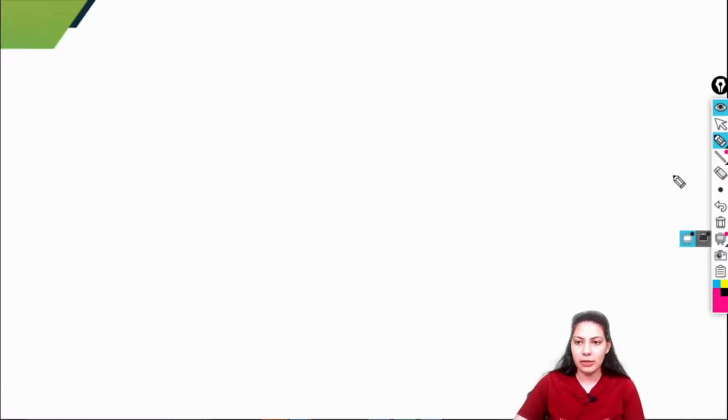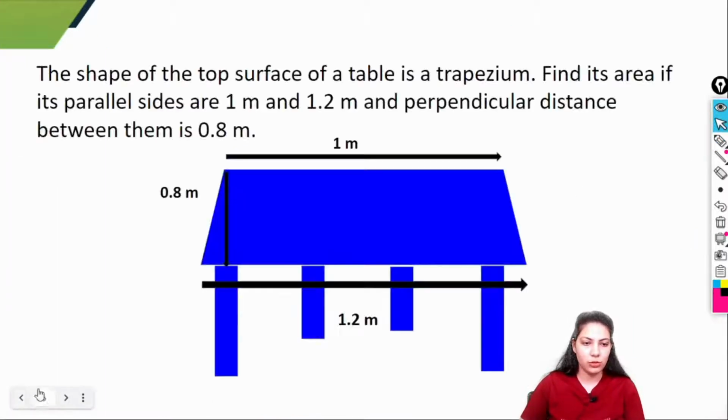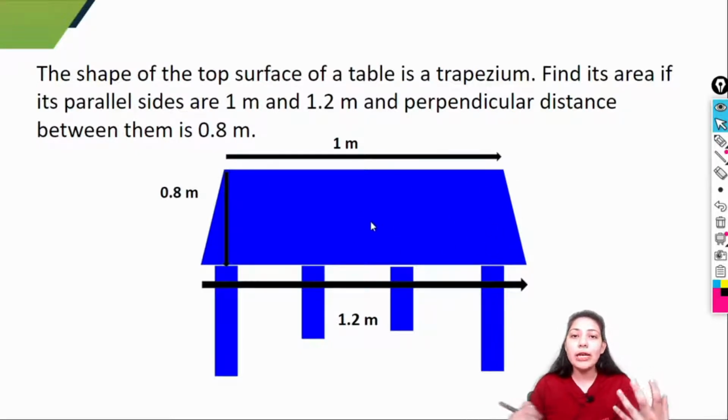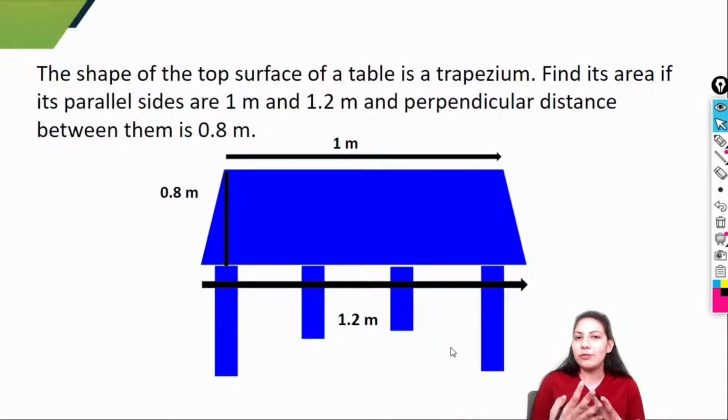So let me erase. So we have calculated the area of this top floor. If we were asked to calculate the whole table area, then what we will do, here you can see there are 4 rectangles in which 2 rectangles, the 4 sides of the table, definitely would be equal.